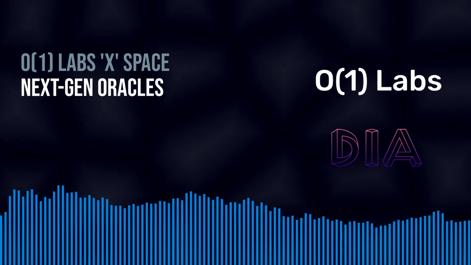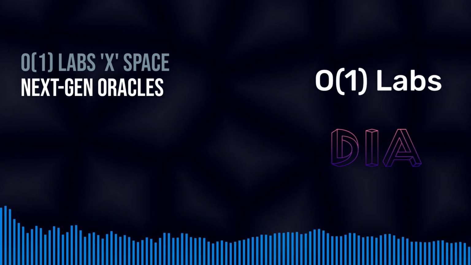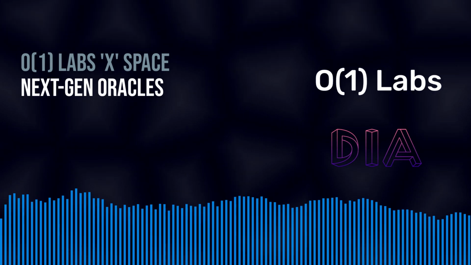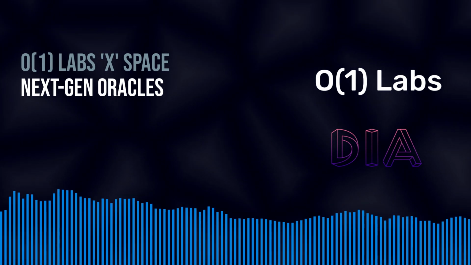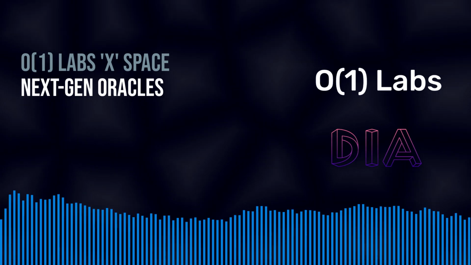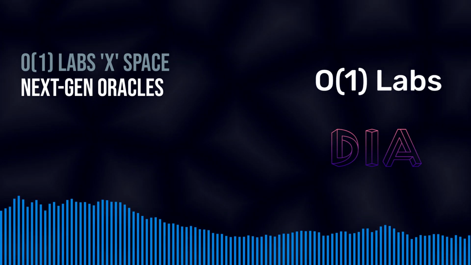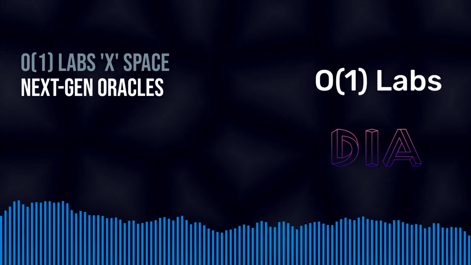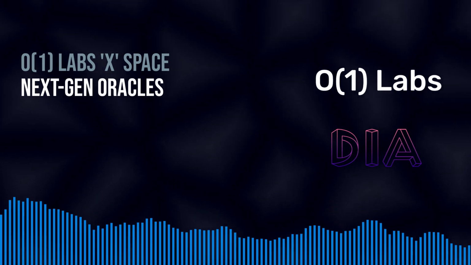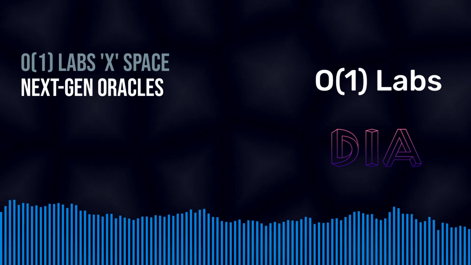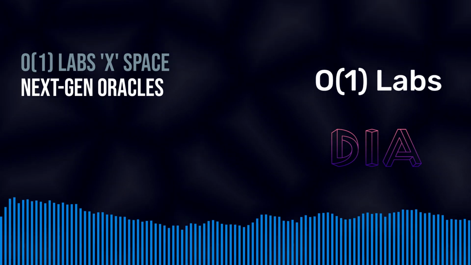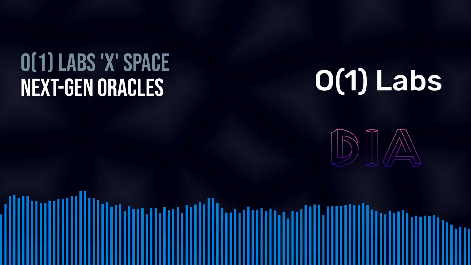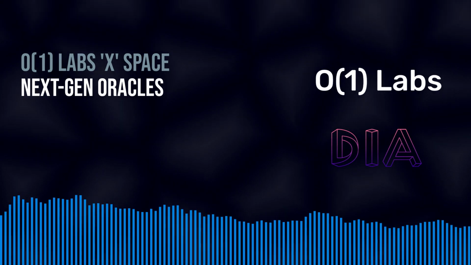And just a reminder of what O1 Labs does. In addition to building the O1JS SDK, which is how you can build a ZK application, we're the engineering team behind the Mina protocol, which was the first ZK-based recursive L1. It's now in the later stages of testnet for a big upgrade that will make it a great place to verify and settle ZK applications. So that's a very cool thing that's coming shortly, hopefully.